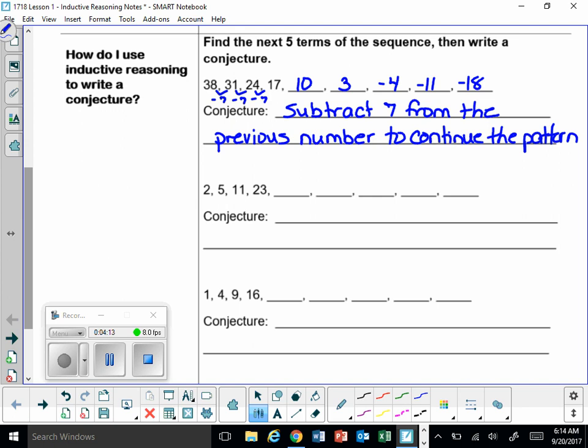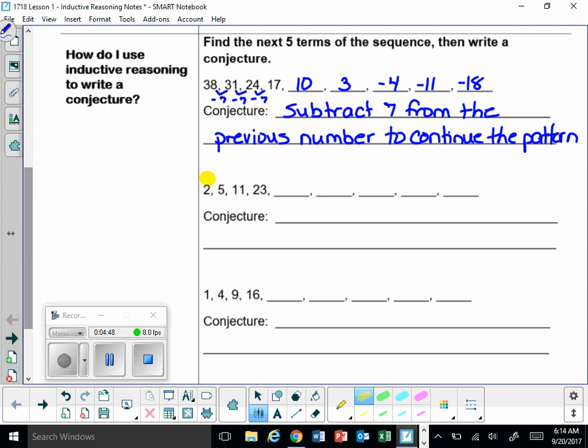Let's see, 2 to 5, that's +3, +6, +12. Okay, I'm not just going to be able to add or subtract. 3, 6, and 12. What if I do 2 times 2 is 4, plus 1 is 5.